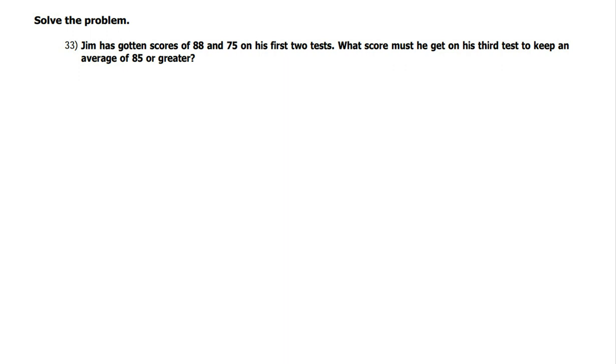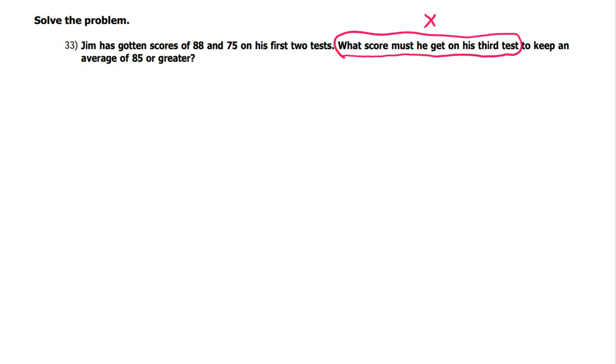An average is when you take a bunch of numbers, add them together, and then divide by the number of numbers that you added. Well, he's got two scores already, and the question is, what score must he get on his third test? That's what we're looking for.